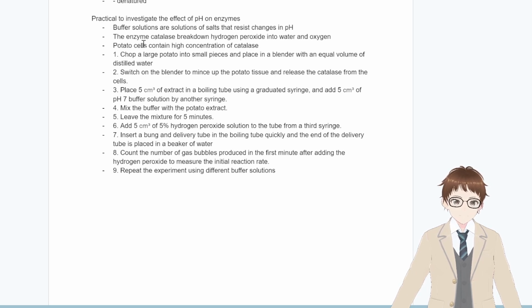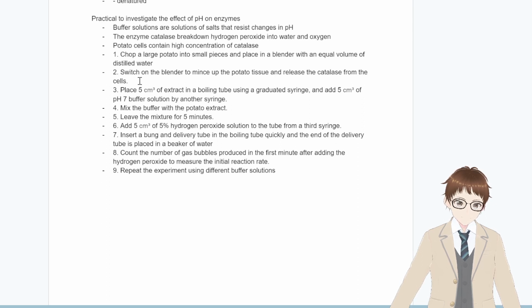The enzyme catalase breaks down hydrogen peroxide into water and oxygen. Potato cells contain a high concentration of catalase. This is information you need to know before doing this experiment.